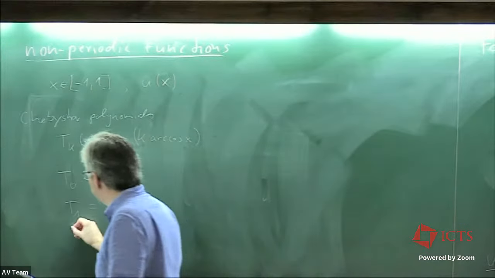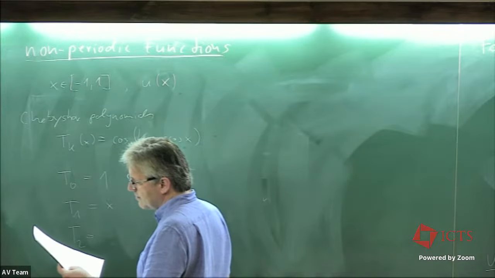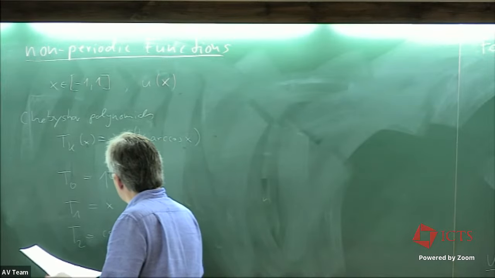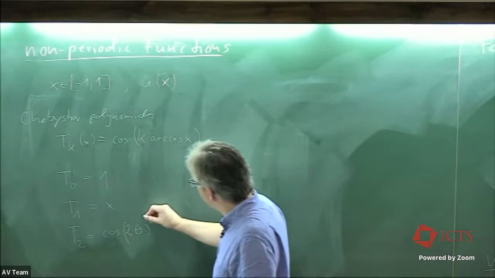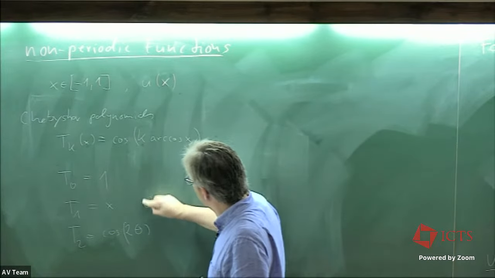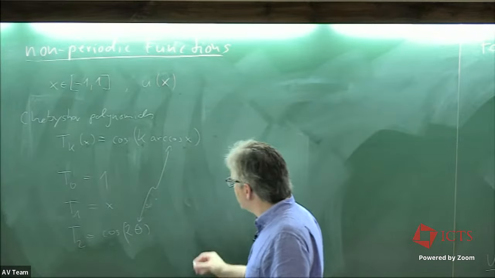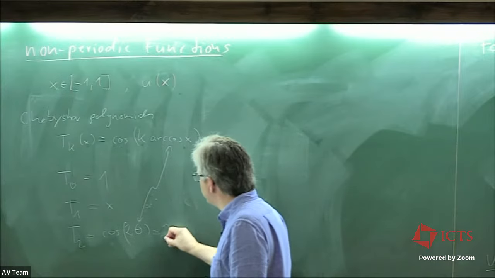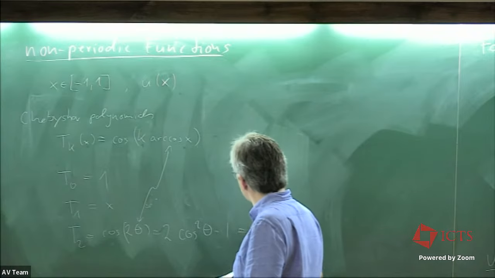And for T2, you end up with cosine of 2 theta, where theta is the arc cos of x. Now you can do trigonometric identities, and this is the same as 2 cosine squared of theta minus 1.